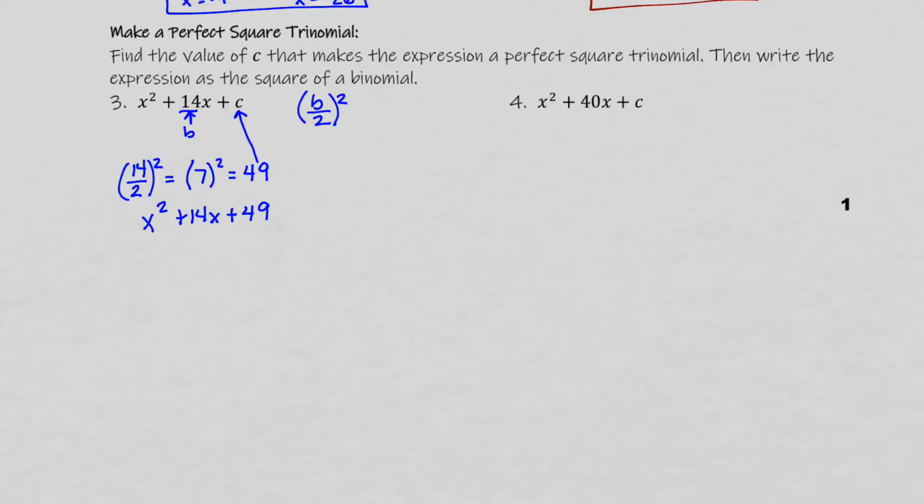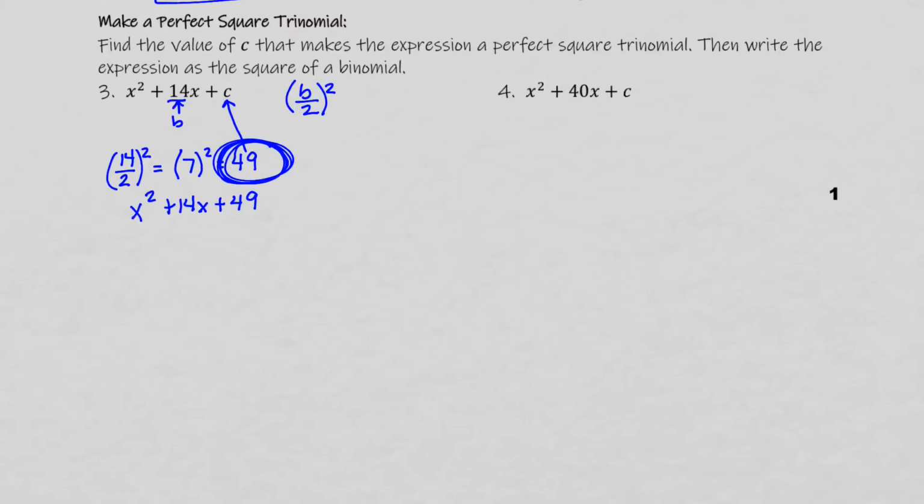All right, so the value for c that would make it a perfect square trinomial, so the first part of the answer, is 49, but then it wants us to write the expression as a square of a binomial. So I need to write this as x plus, and it's always whatever half of b is.